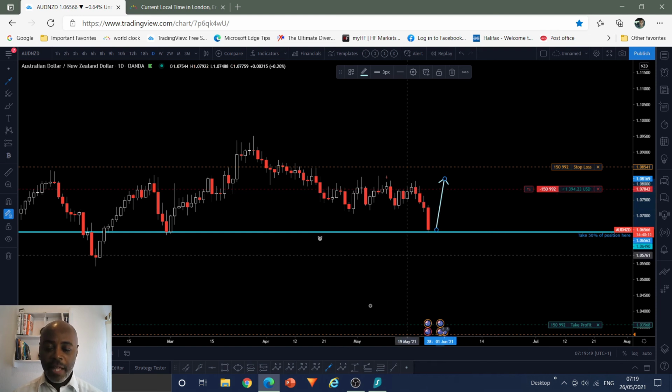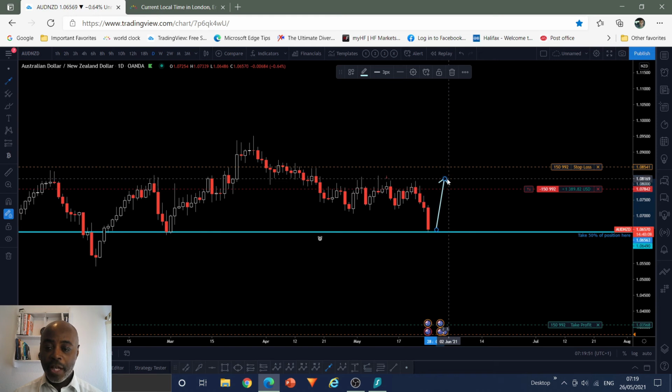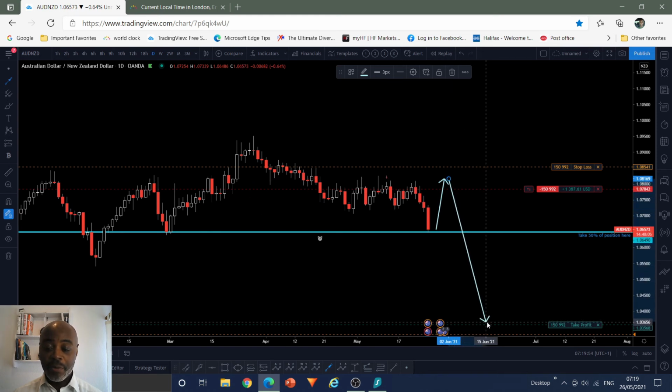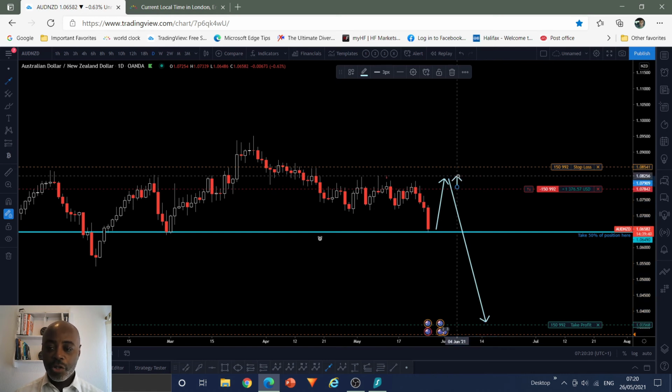I don't want price to turn round and take me out of the trade altogether, and then go where I wanted the market to go in the first place. To counter that, a lot of people will move their stops to break even at this point. I don't do that. I leave my stop in the same position, and that allows price to come back up in this area, mess around a little bit, and hopefully not take me out and then go in the direction that I want.